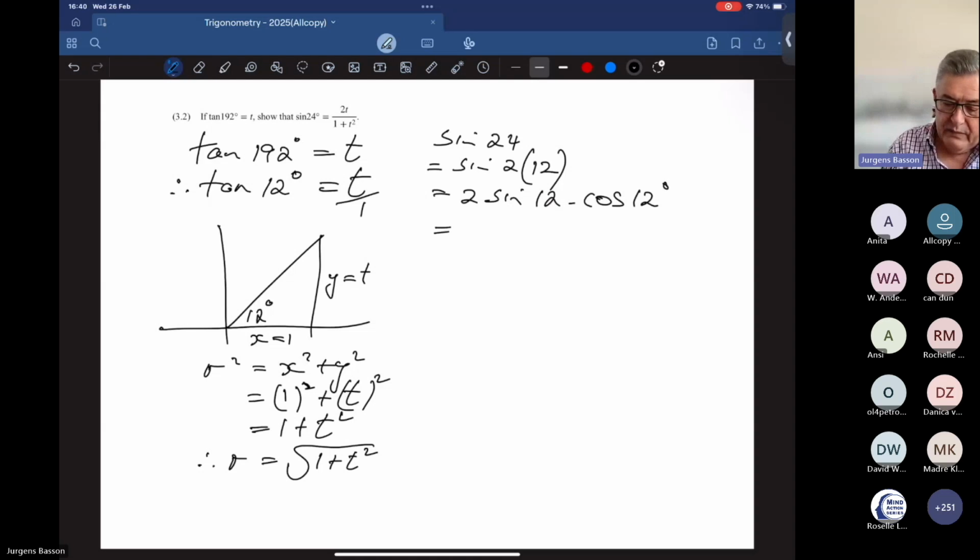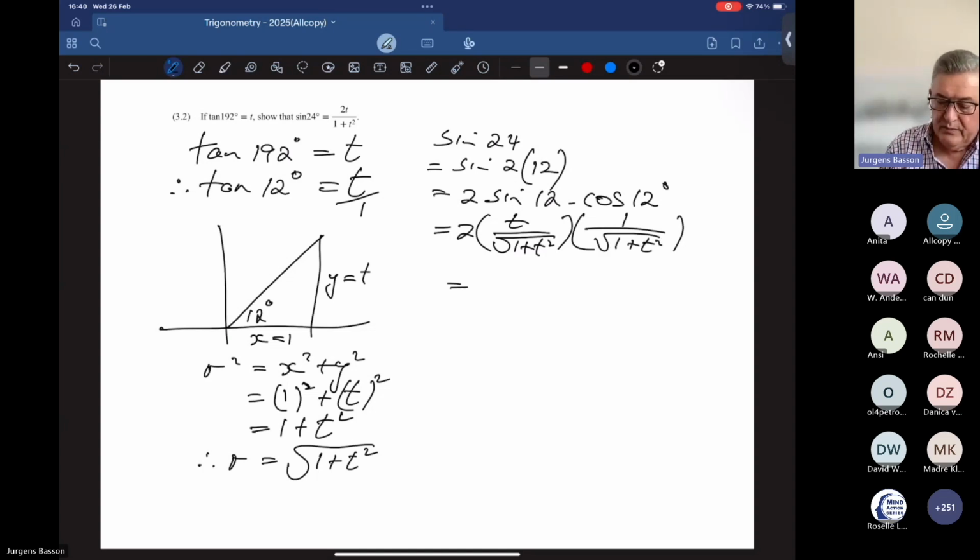And now it's a matter of substitution. So now you have x, y, and r, and now we substitute those. Sine of 12 is y over r, and it's t over the square root. And cos of 12 is x over r, and it's 1 over that square root of 1 plus t squared.